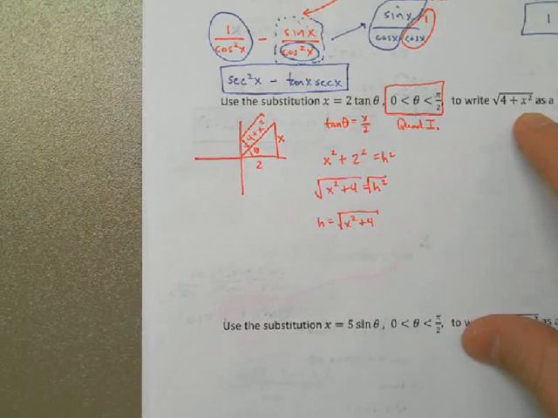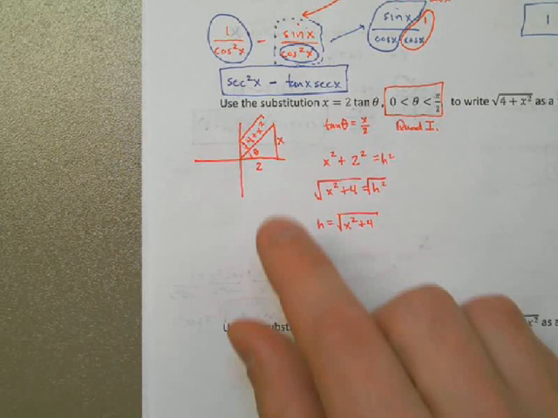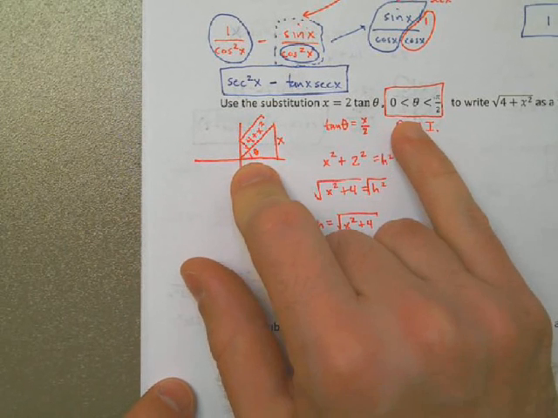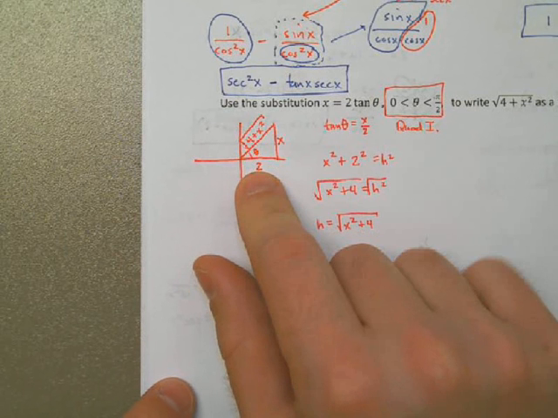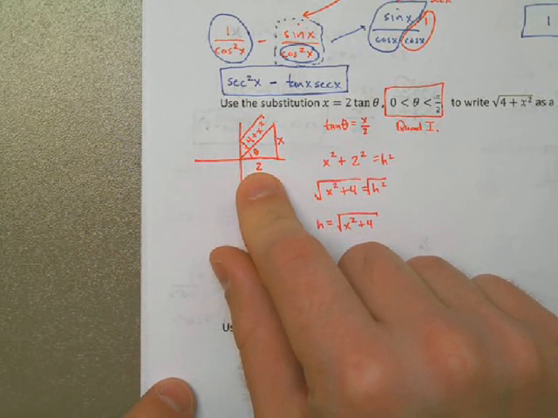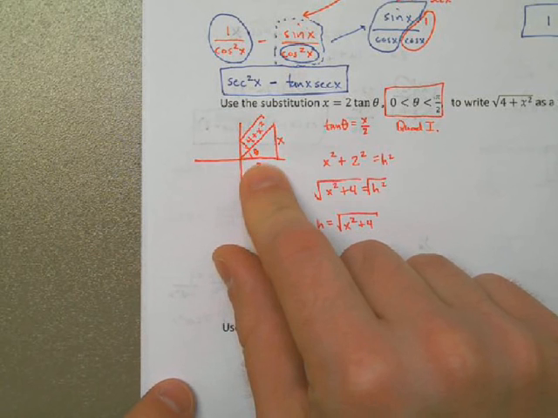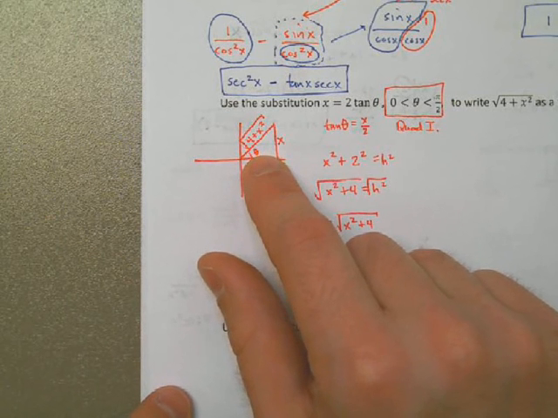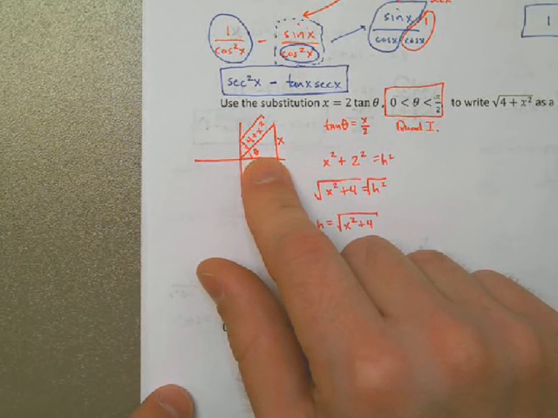So, with that in mind, instead of writing 25 minus x squared, let's write 25 minus 5 sine theta squared. Oops, squared. Don't forget the square. Now if I square that term, that turns out to be 25 minus 25 sine squared of theta. I can square both the 5 and the sine.